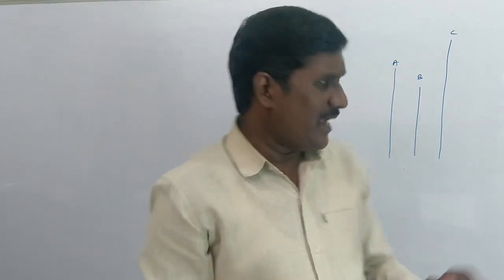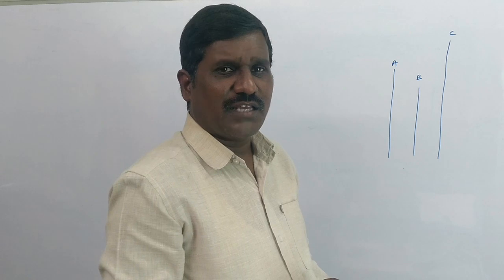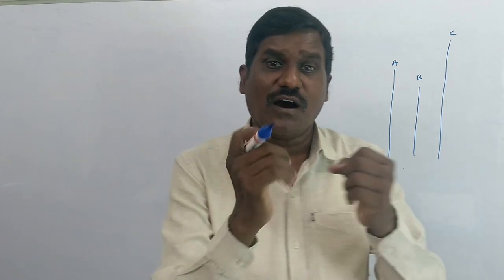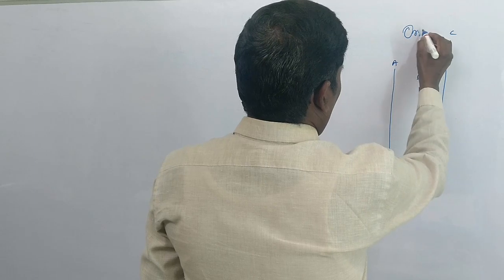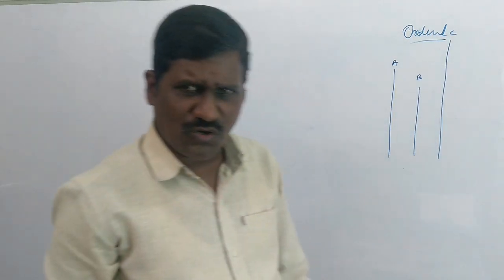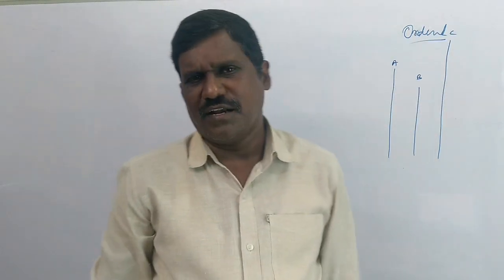Here I discussed tea and coffee, and earlier A and B. In the same way, utility can be compared between one commodity and another commodity. This comparison is called ordinal utility. So indifference curve analysis totally depends upon ordinal utility.